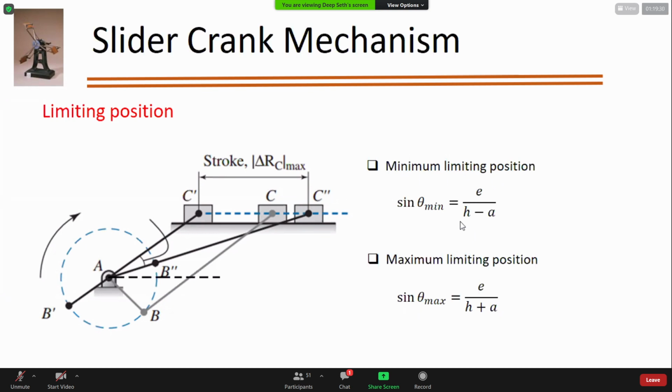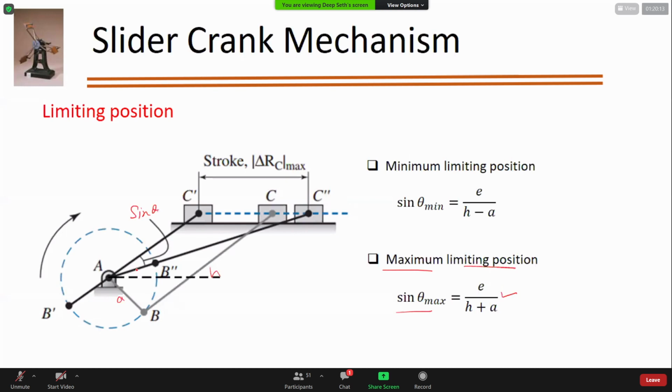The minimum limiting position here is sin theta min equal to E divided by H minus A. Similarly, you will have the maximum limiting position, sin theta max equal to E divided by H plus A. Here A is nothing but this, and H is your coupler link.